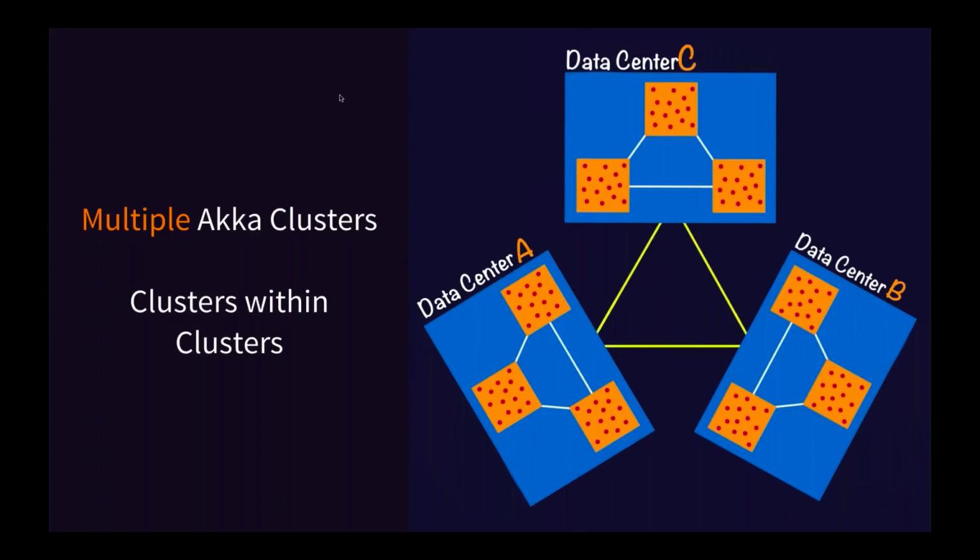Again, we've got individual clusters running within a data center, and they behave exactly like what we're used to with Akka clustering. But the ability exists for actors in data center A to send messages to actors in data center B or data center C.